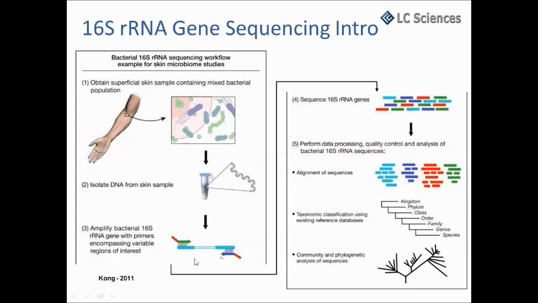We know that there are a few protocols using two-step PCR: first get the amplicon, and then put the barcode at both ends. But our protocol is as simple as a one-step PCR. The PCR primer already contains the barcode and also the sequencing primer region.